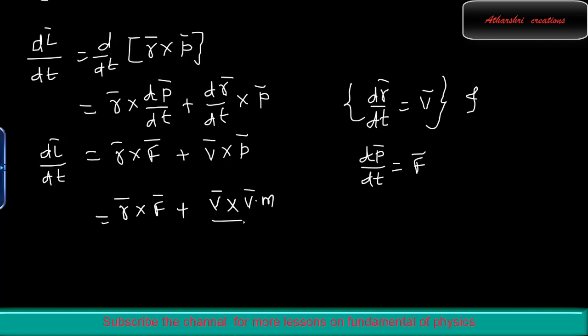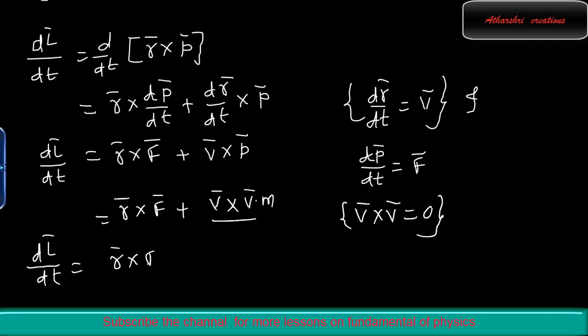Now this v cross v is equal to 0, because the vector product of a vector with itself is 0. Hence the equation becomes dL divided by dt equal to r cross F, and this r cross F is the moment of the force, which is equal to the torque acting on the body.